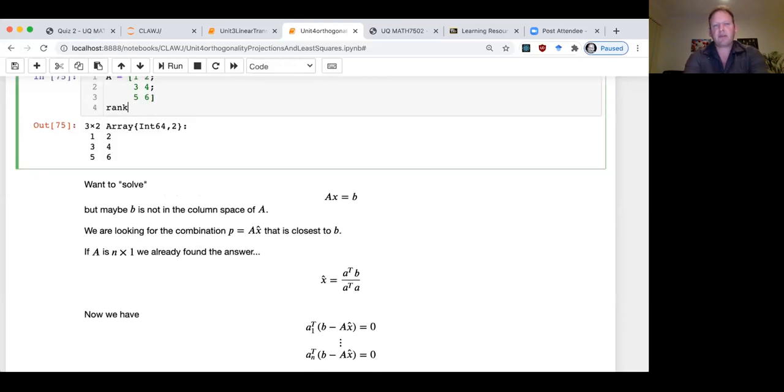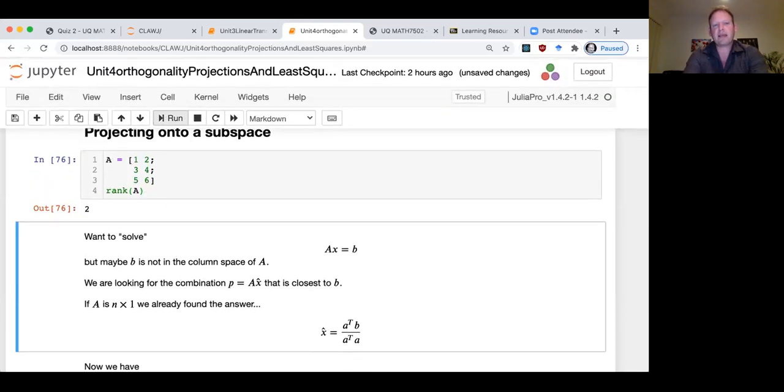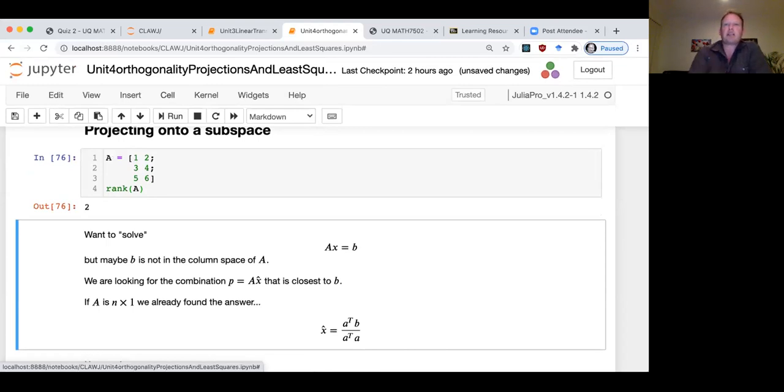Just to make sure, let me also see rank A. It's not that I by accident picked the second column to be a multiple of the first. So what is the dimension of the column space of A? It's 2, right? And it's a subspace of R3.